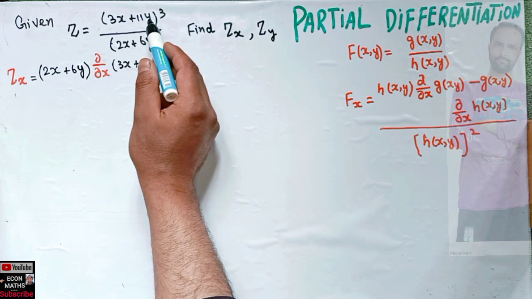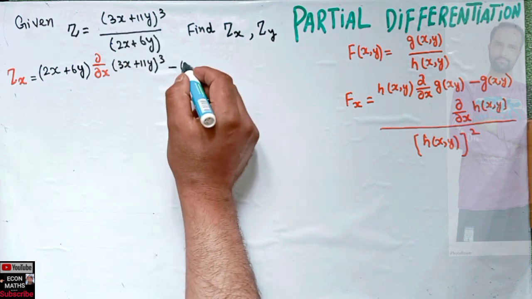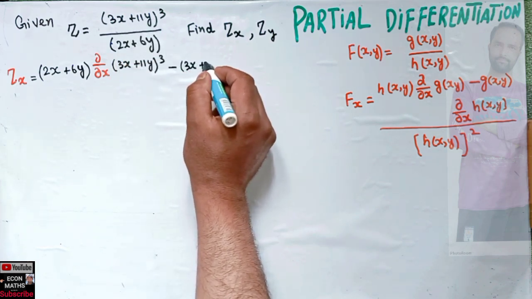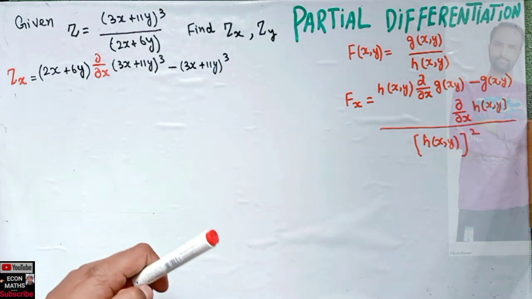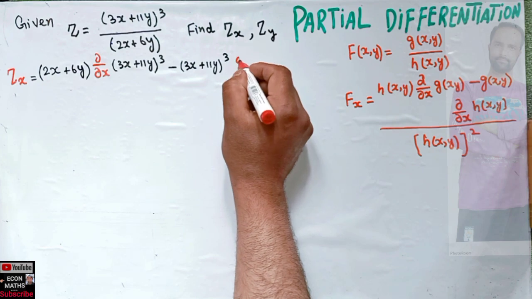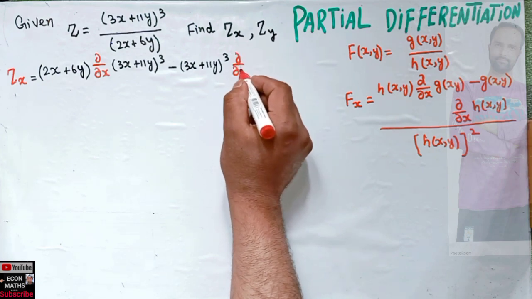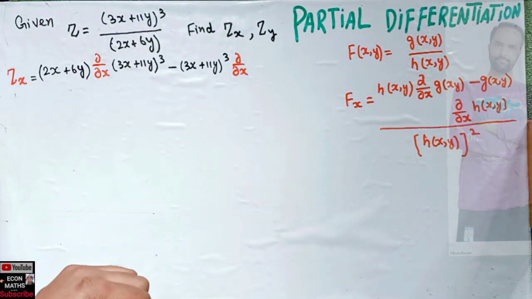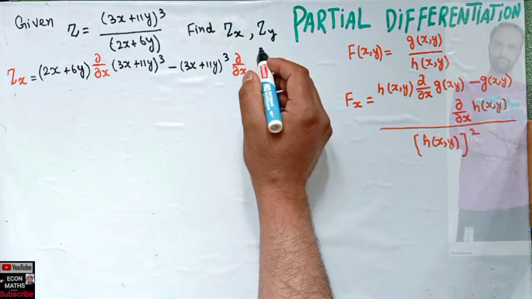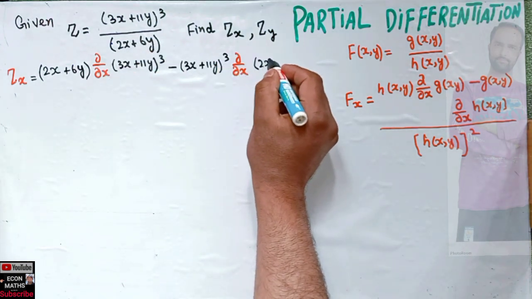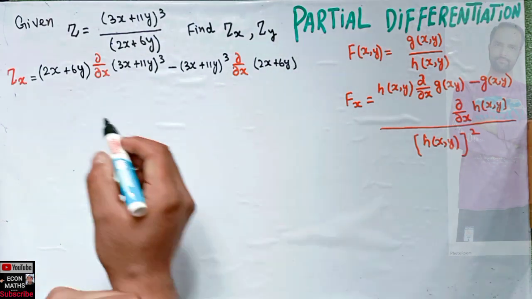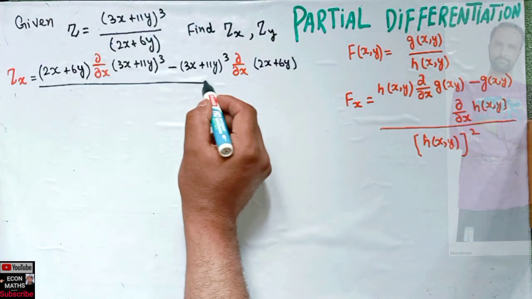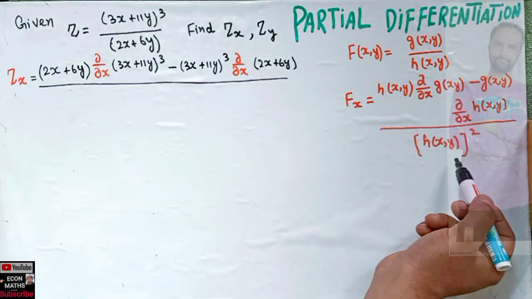So in this case our gx is (3x plus 11y) cube, and again we take the derivative d upon dx of now this function, 2x plus 6y, and we divide it by hxy whole square.